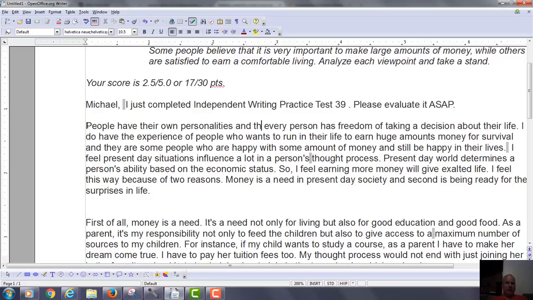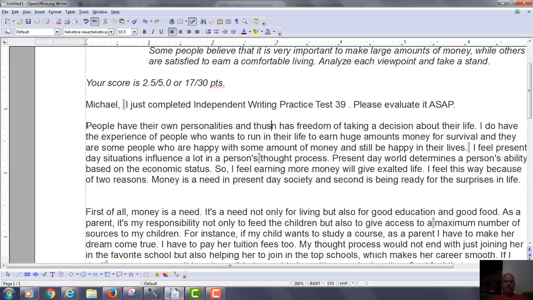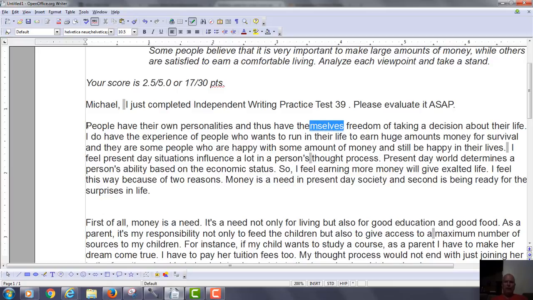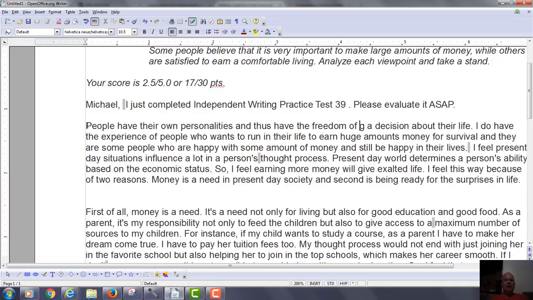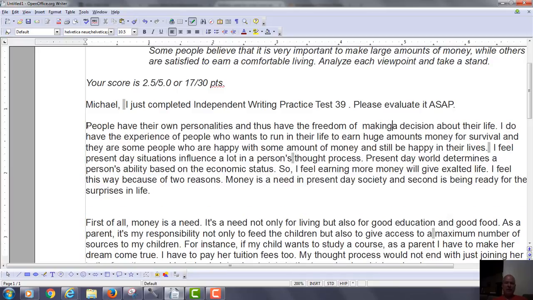How about this, and thus have the freedom of taking, you don't say taking, you want to say making. So we make decisions, we don't take decisions, at least not in English, right? So that's a word choice error there. Of making. And let's keep everything plural, right?